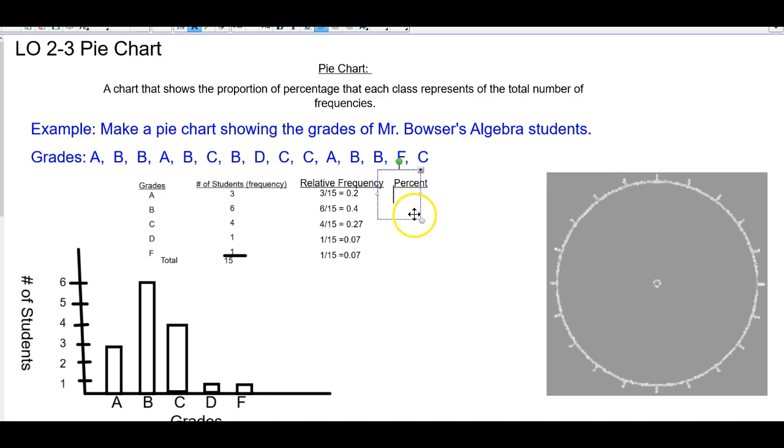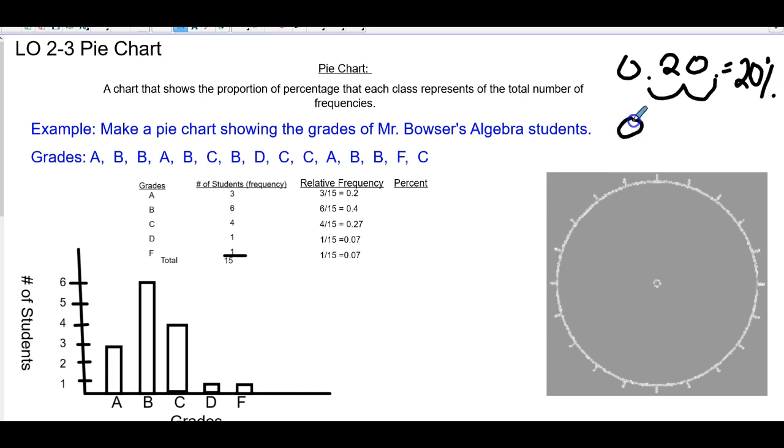We are going to go over here and we are going to convert these decimals to a percent. And the way that you do this is, to convert a decimal to a percent, you move the decimal place 2 places to the right. So that is 20%.